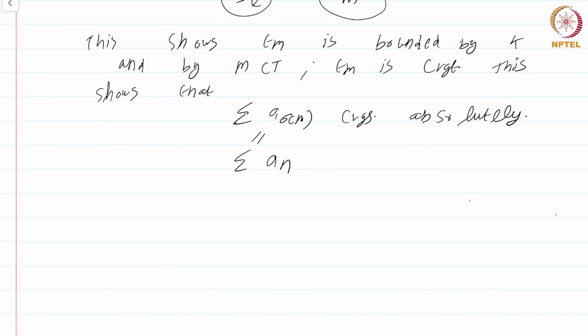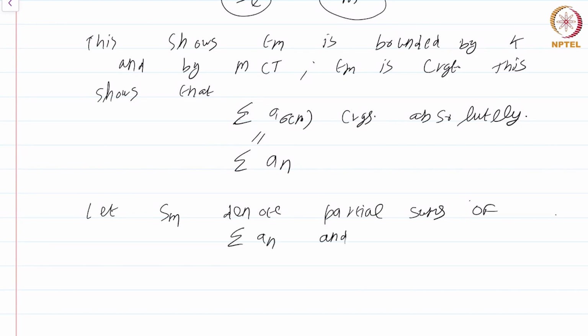Now we reuse notation and let Sm denote partial sums of summation an and Tm that of summation a sigma n.